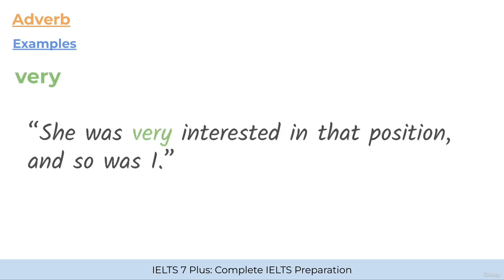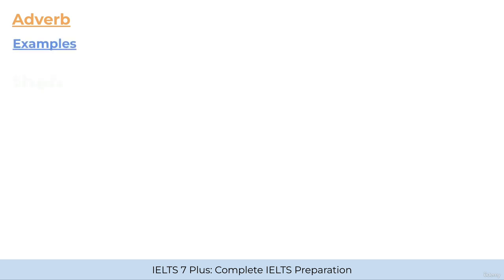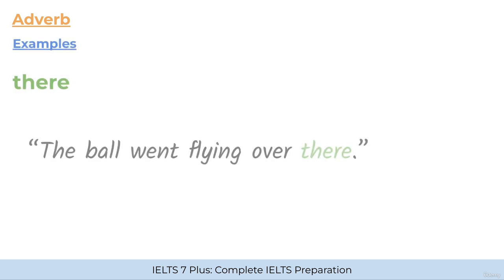Very is a popular adverb. It's used in a lot of different situations. She was very interested in that position, and so was I. Describing the extent to which she was interested here. Okay, and then we have another one there. The ball went flying over there.